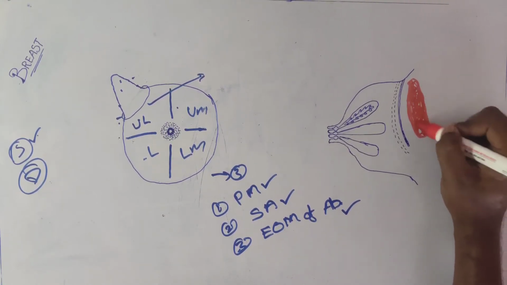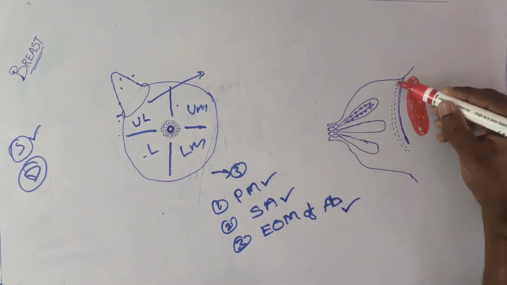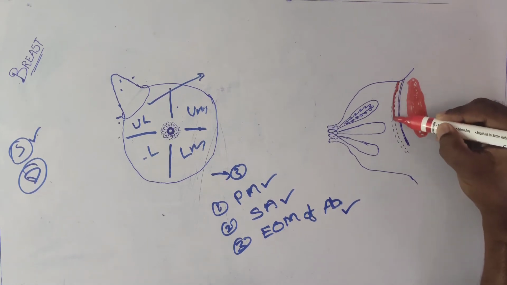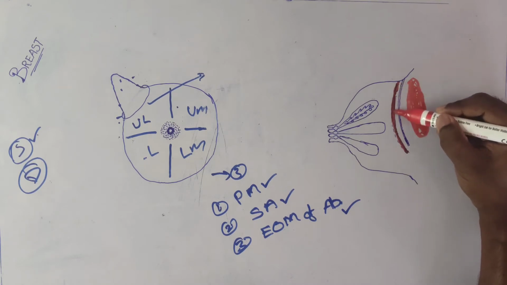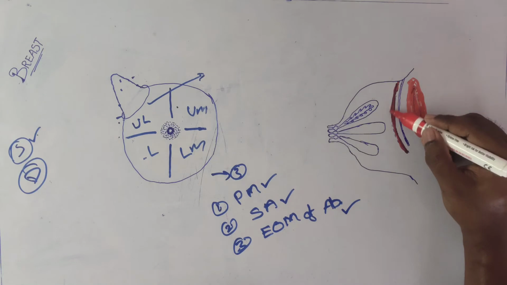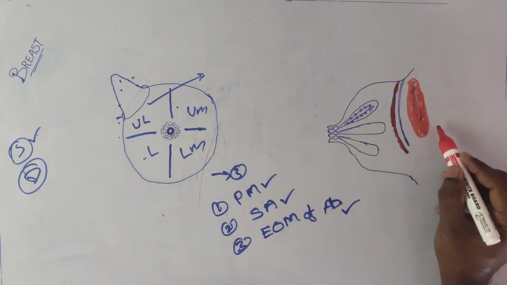The breast is separated from pectoralis fascia by retromammary space. See, here is the retromammary space where I am drawing with red ink. This is called retromammary space, and I will tell the uses and functions of the retromammary space later. Okay, these are the deep relations.